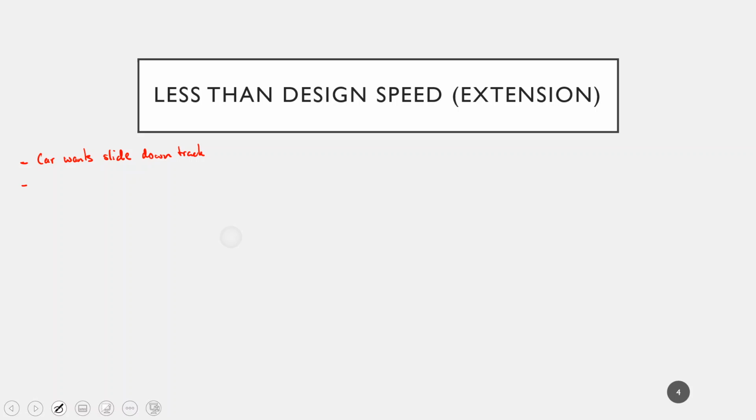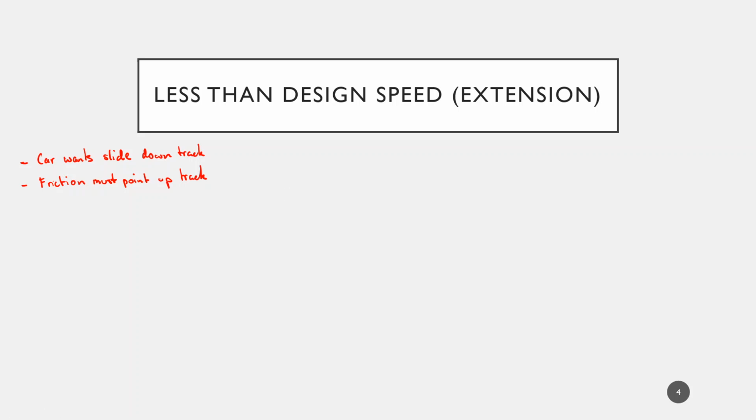So friction must be pointing upwards, or up the track, to stop your car from sliding down the track because you're moving too slowly. That's what's happening there.